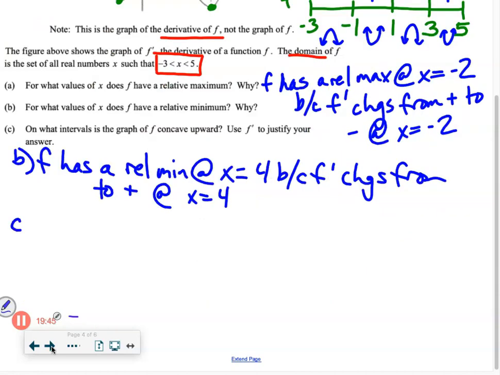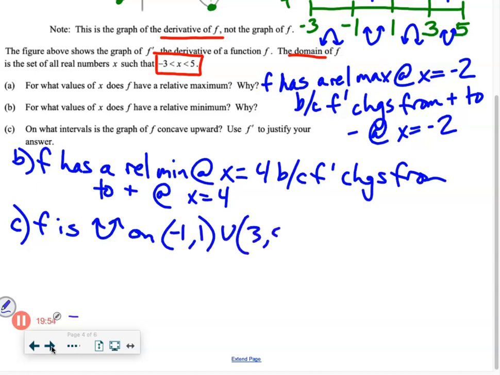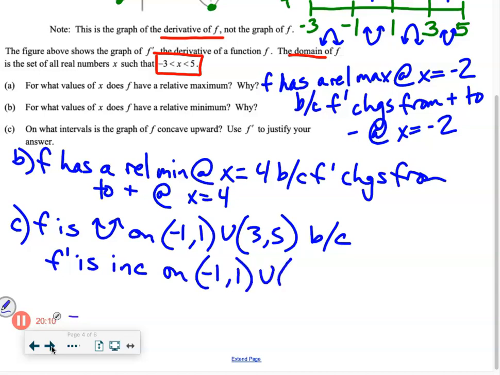So you would say f is, I'm going to abbreviate, concave up on -1 to 1, union 3 to 5 because, now normally we'd say because f double prime is positive, but they want us to use f prime, so we would say because f prime is increasing on those intervals. That's how we knew f double prime was positive. All right, so those are our answers to all of those questions.